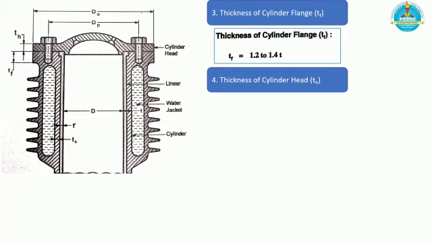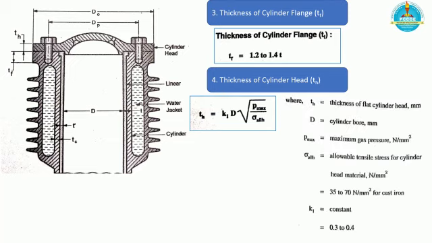Usually the cylinder head is assumed to be flat, and the same formula which you applied in the flat head of the design of pressure vessel topic has been applied there, where TH is the thickness of the flat cylinder head, D is the bore diameter, P max is the maximum gas pressure, and K is the constant.